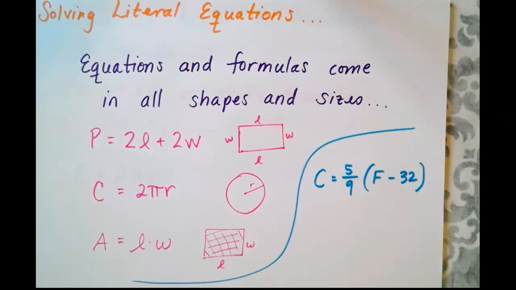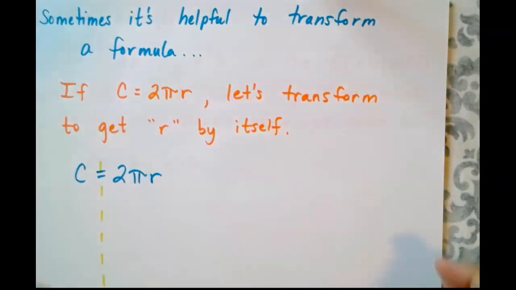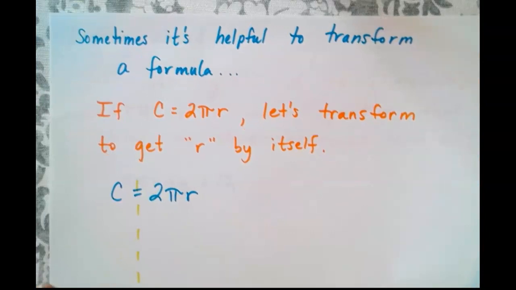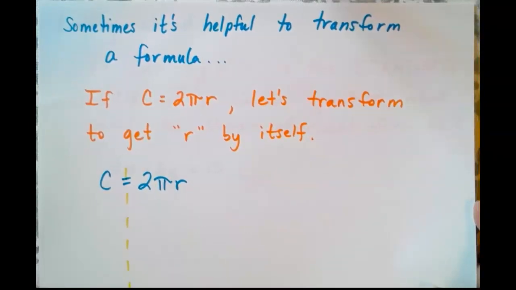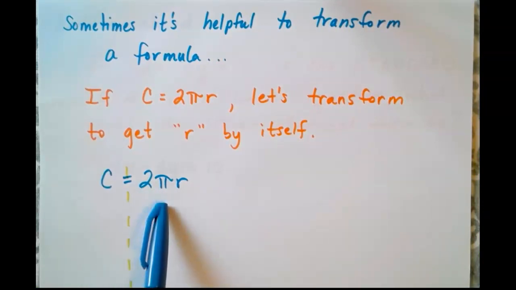But sometimes it's necessary for us to transform a formula or literal equation. And if we're going to transform it, then we're going to use inverse operations in order to do that. So let's take a look at the circumference formula.